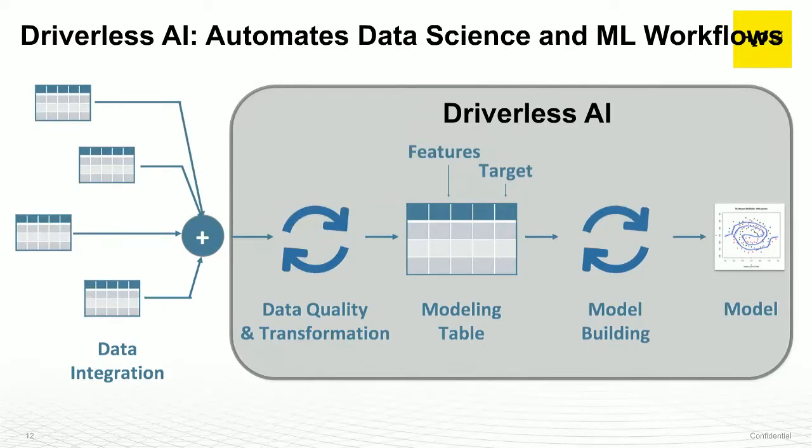So just a quick understanding of Driverless AI's standard workflow. There are several steps to the machine learning workflow that we try to take over. The first part occurs outside of Driverless AI, but it's the idea of integrating or aggregating your data into a machine learning usable format.